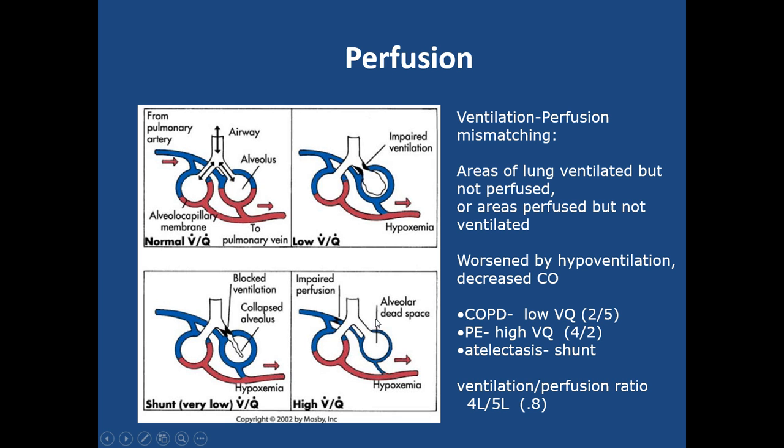That will make the VQ high, so the ventilation perfusion mismatch will be high. Make sure you understand that depending again on the area that's being affected, whether it's ventilation or the blood flow, you're going to see changes in the ventilation perfusion ratio, and you should understand which change goes with which disorder.